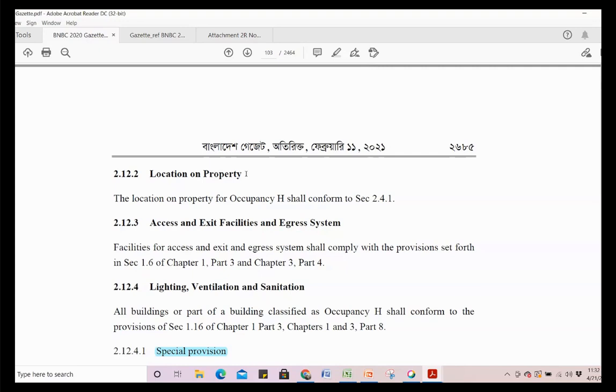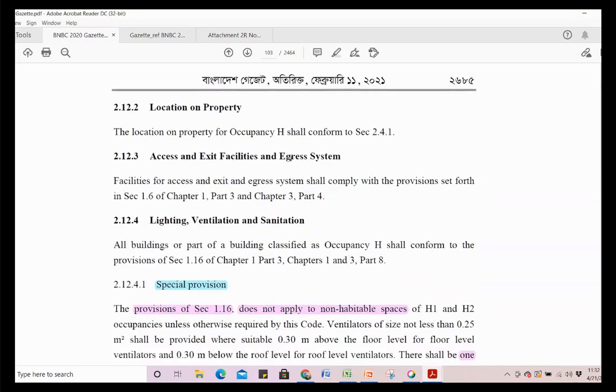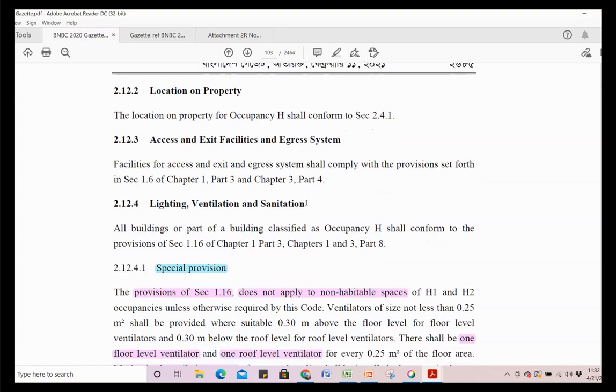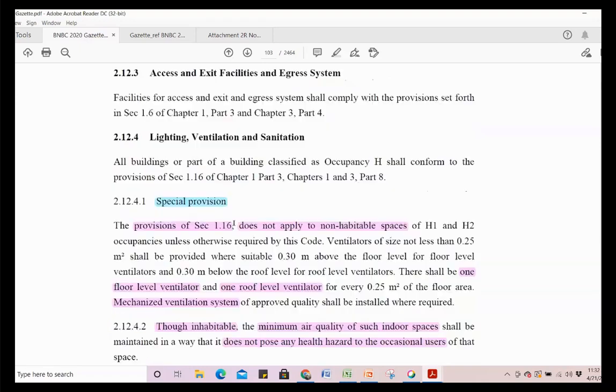For location and property, similar references; access and exit facilities and egress systems, similar references; lighting, ventilation, and sanitation, similar references. Now, at the beginning there are similar references, but it has subsections which need elaboration. So there are special provisions.